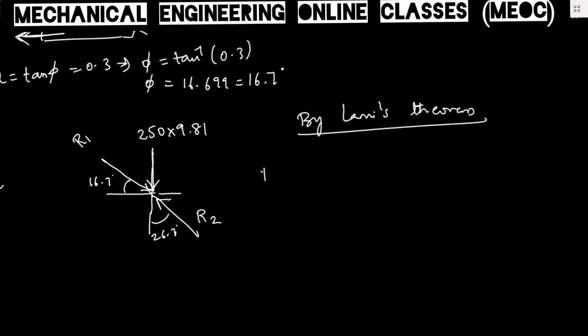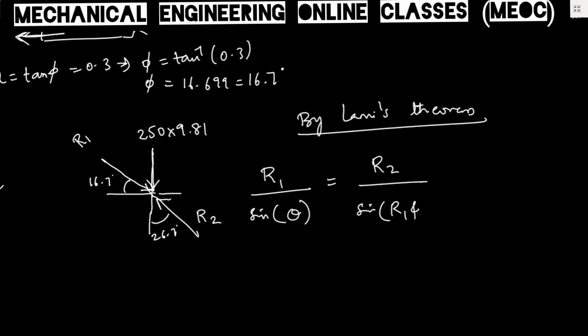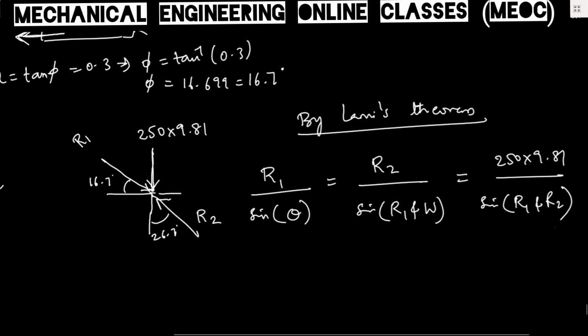So we have R1 divided by sine of the angle between the other 2 forces, let it be some theta. This is equal to R2 divided by the sine of the angle between R1 and the weight force. Then this is equal to the weight force, which is 250 into 9.81 divided by sine of angle between R1 and R2.